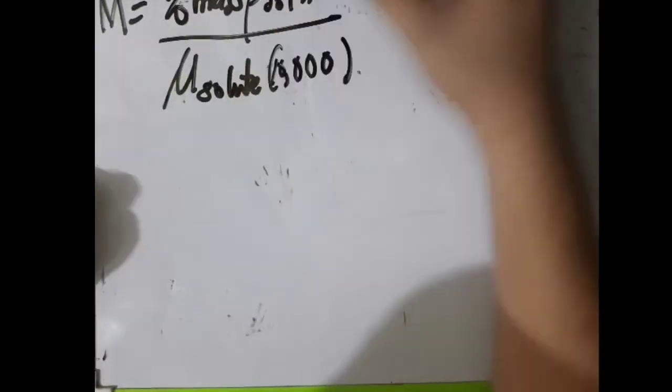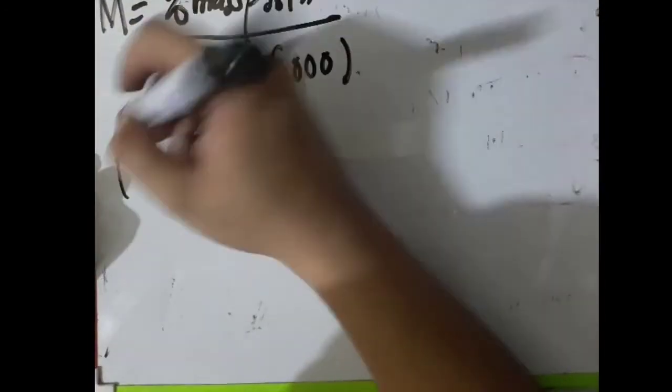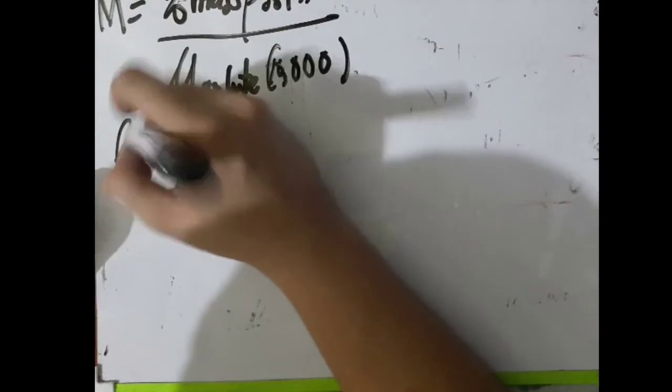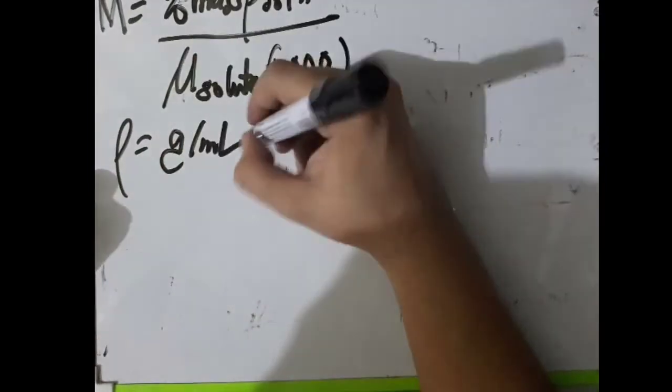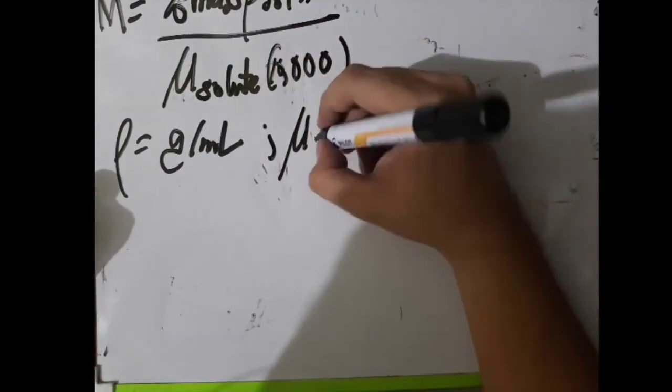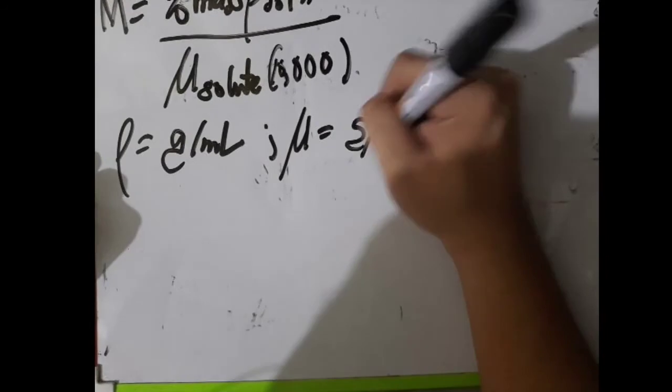Now this is only applicable when the density is expressed in grams per milliliter, and the molar mass is expressed in grams per mole.